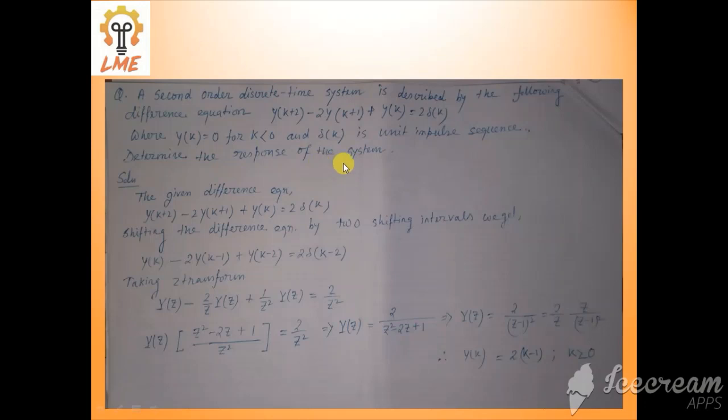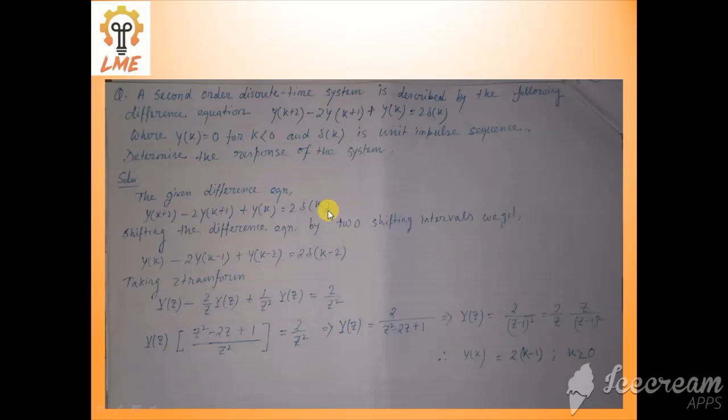Determine the response of the system. Response means you are asked to find the value of y(k). If you are asked to find the solution of any difference equation, you will find the value of y(k). If you are asked to find the response, then also you are asked to find the value of y(k). Now see, this is the given difference equation.